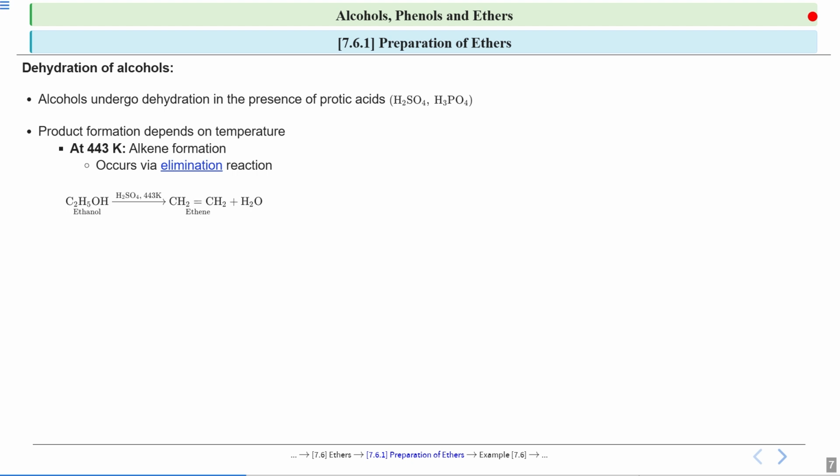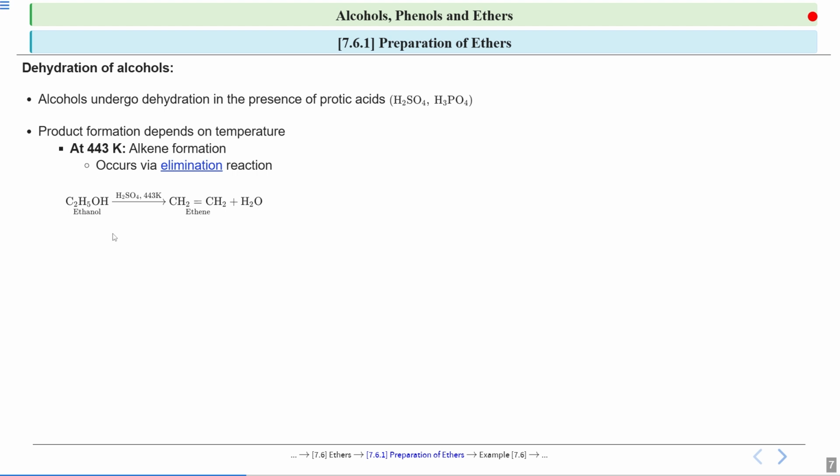If you look at this reaction, this is an alcohol called ethanol. It is treated with a protic acid, H2SO4, and look here, the temperature is high, 443 Kelvin. So in this case, an alkene, ethene, is formed. You can see the carbon-carbon double bond, and water is being released. This reaction occurs by elimination and not substitution.